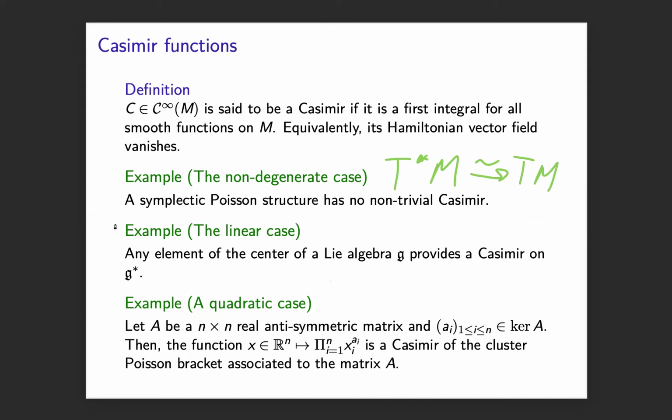Indeed, in the linear case, any element of the center of a Lie algebra G provides a Casimir on G star.